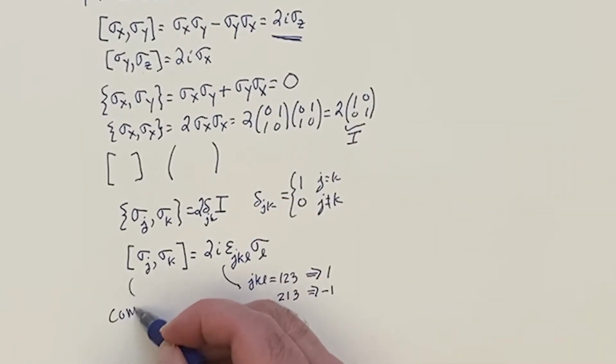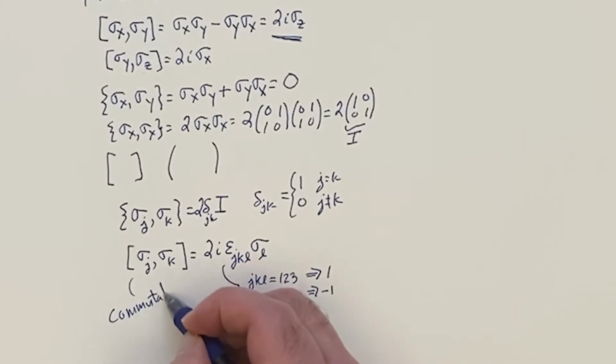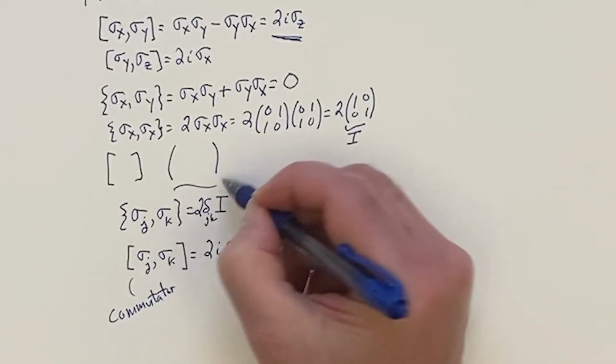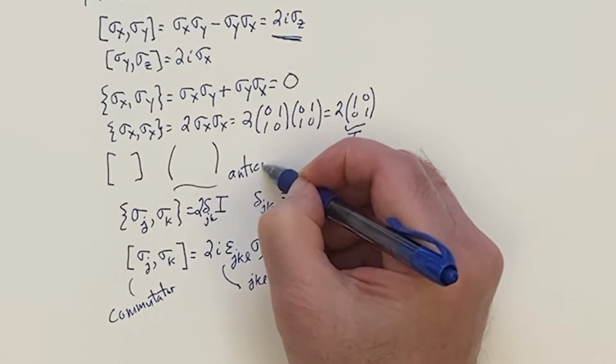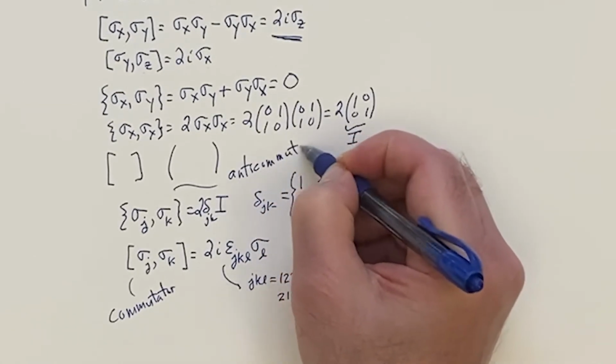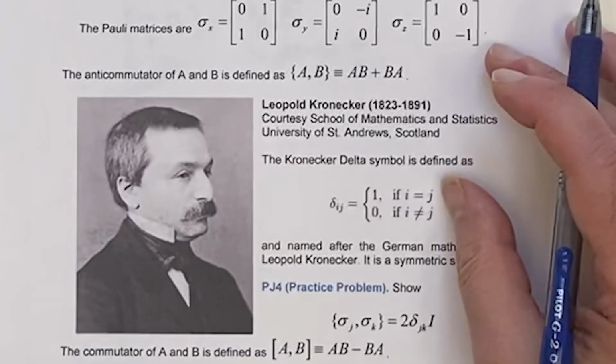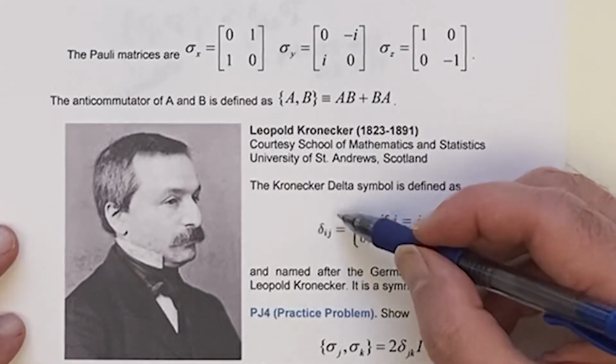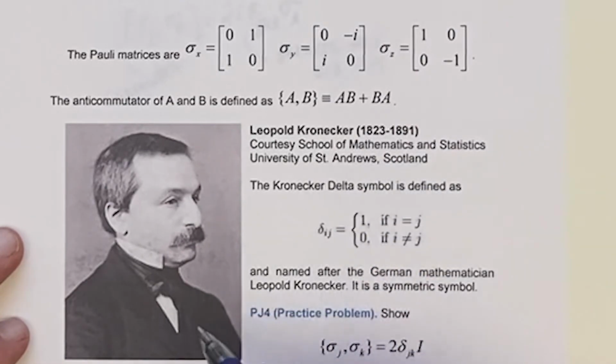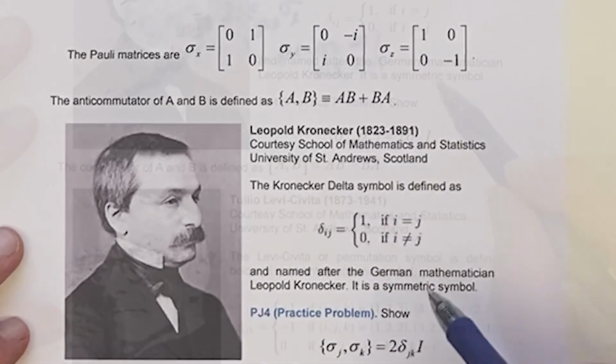So, commutator and anti-commutator. It's good for you to check these out and do a few of these. It's kind of nice to do that. By the way, these are named after these symbols. The Kronecker delta symbol is named after Leopold Kronecker.